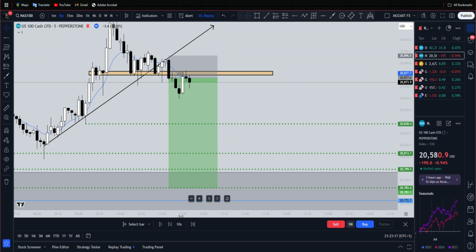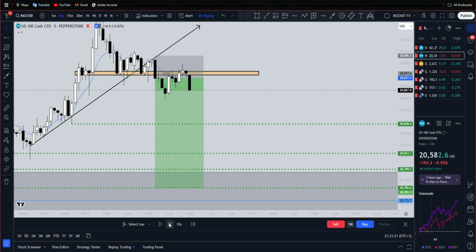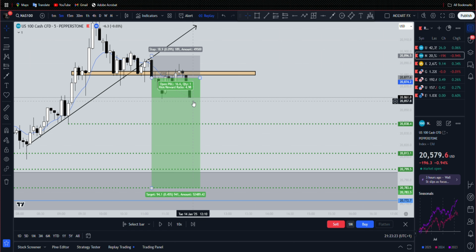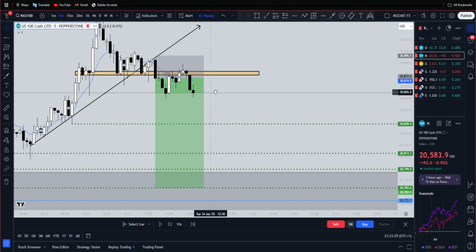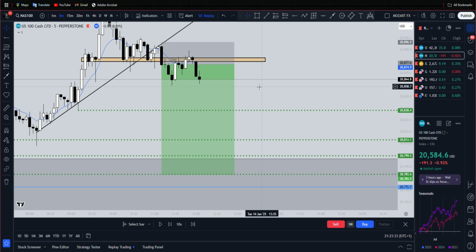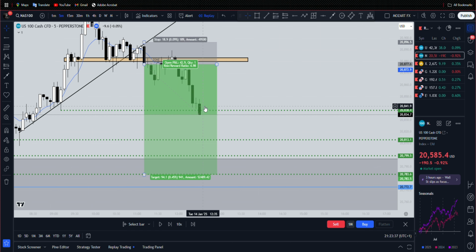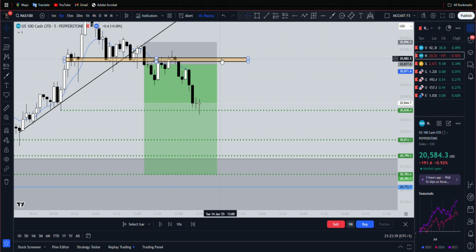This pullback, like I said, now the volatility kicks in right after 12, and that's likely where we want to take trades. Okay, we already got a 1 to 2.